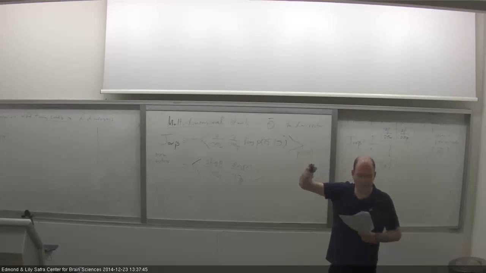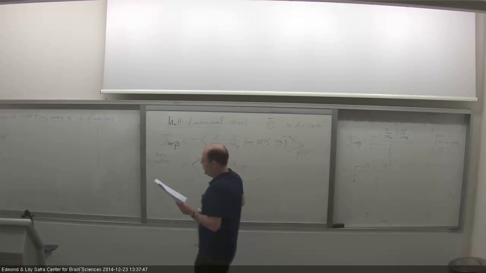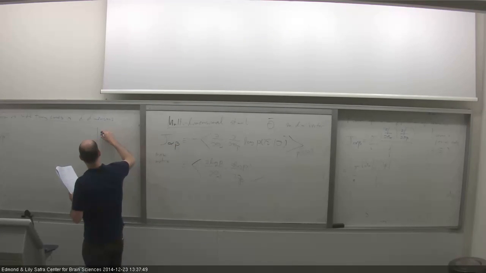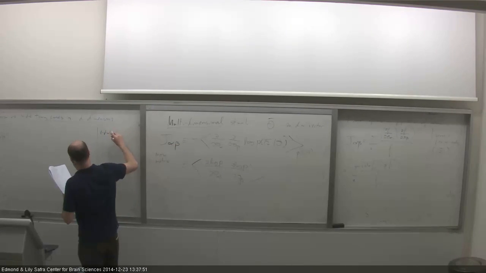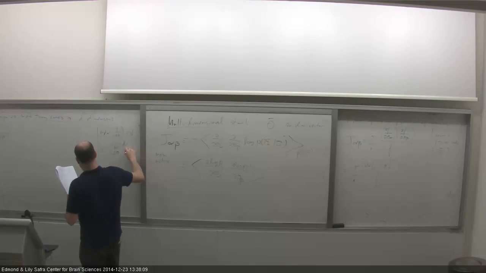But our stimulus now is d-dimensional. The relationship that we had in one dimension was that L over Δθ is equal to n, the number of neurons, but in d dimensions, (L over Δθ) to the power d is equal to n.